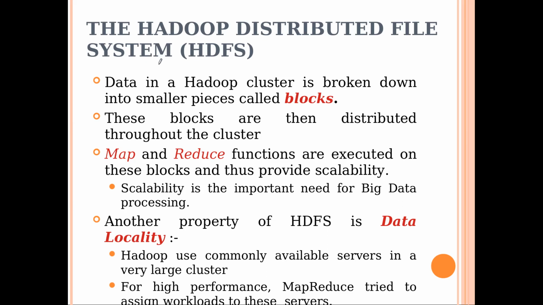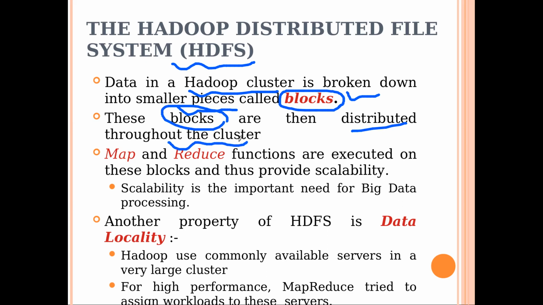Now we will see in detail about the distributed file system, that is HDFS. The data in the Hadoop cluster is actually divided into a number of smaller pieces called blocks. The entire Hadoop cluster will have different nodes, and the data is broken down into different pieces called blocks, and these blocks are distributed throughout the entire cluster.